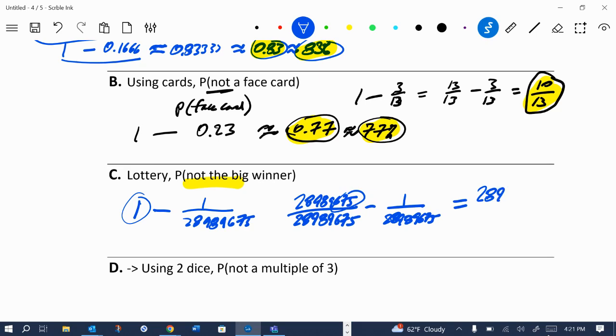So it's 28,989,674 over 28,989,675, which is approximately 0.9999. You have to go 7 places before you get something that's not a 9, which is approximately 99.9% or 99.99%.